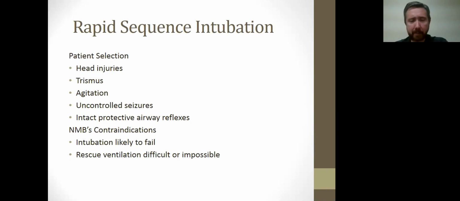There may be times where we want to preserve the patient's ability to spontaneously breathe, whether that be a patient who is in DKA for compensatory actions, or a patient who still has intact airway reflexes that we don't want to completely remove from that patient, so they still have those abilities as well.